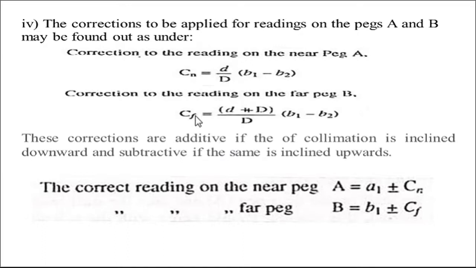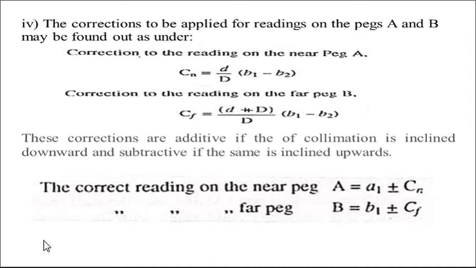These corrections are additive if the line of collimation is inclined downward, meaning whatever Cn and Cf we have calculated, we have to add them if the line of collimation is inclined downward, and we have to subtract the corrections if the line of collimation is inclined upward. Why? If the line of collimation is inclined upward, we are getting more reading, that's why we subtract the correction, and if it is inclined downward, we are getting lesser reading, that's why we add the corrections Cn and Cf to the observed reading.